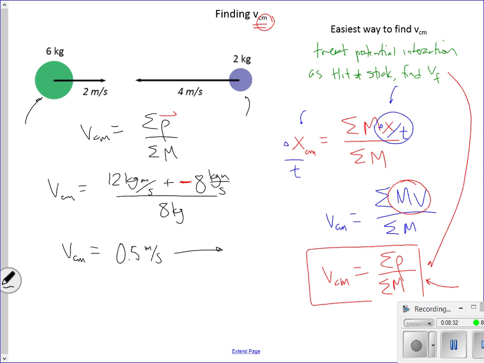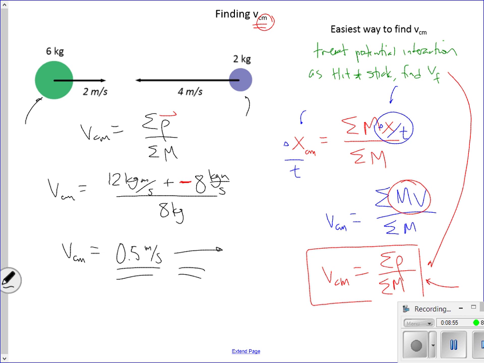If they whack into each other and stick together, if they whack into each other and bounce apart, if they whack into each other in a variety of ways where various amounts of energy might or might not be lost, the center of mass velocity will always be that, to the right.